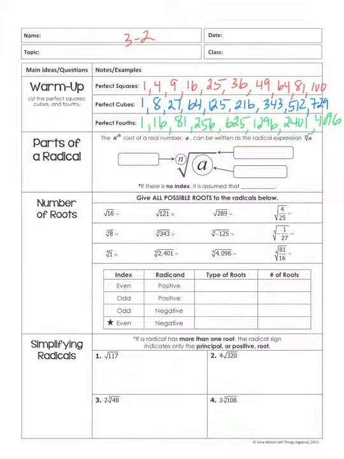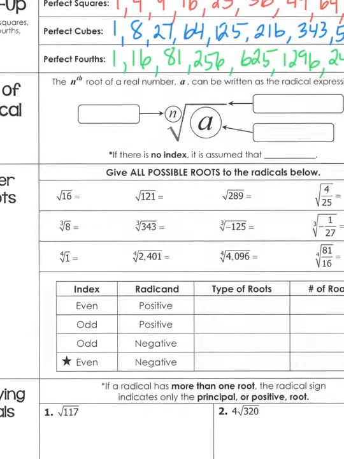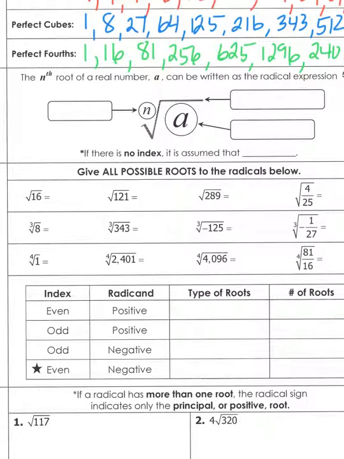Okay, so now as we get into radicals, let's talk about the parts of a radical. So as I use vocabulary, you need to know what I'm talking about. So this root that we're taking is an index. I've actually heard it called both ways, so it doesn't really matter which one you use, but technically it's an index. You'll also see the word root.